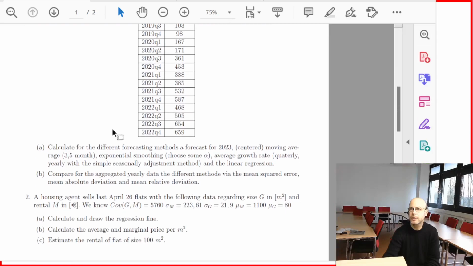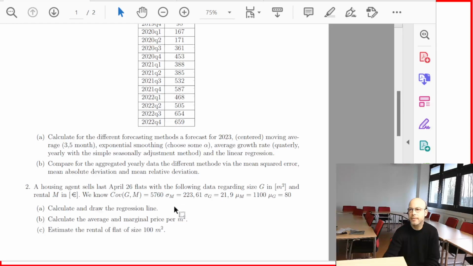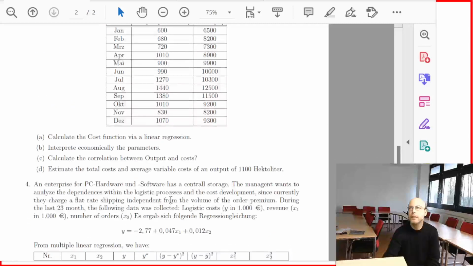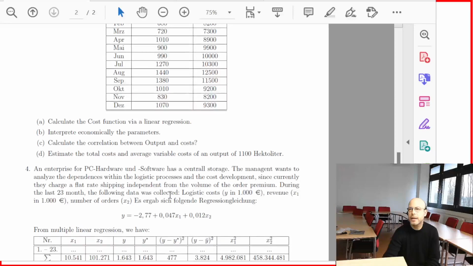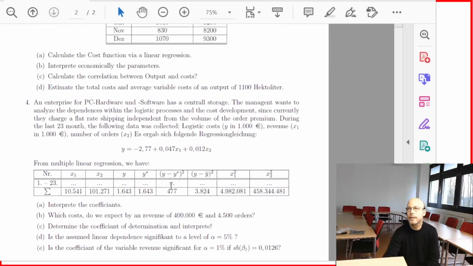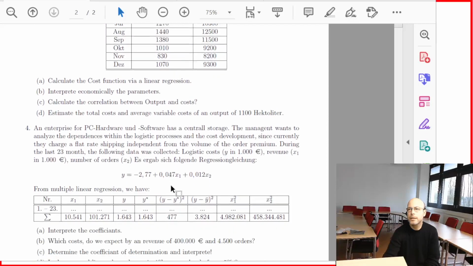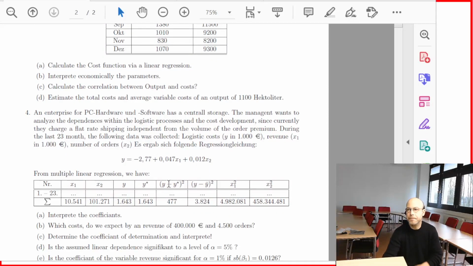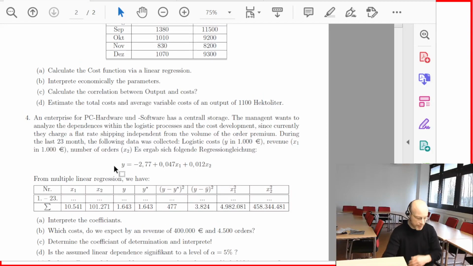Here you have already more or less the results of the linear regression, and then you should interpret these results. Then another linear regression, and then I think 2 or 3, and then a last exercise about multiple linear regression.